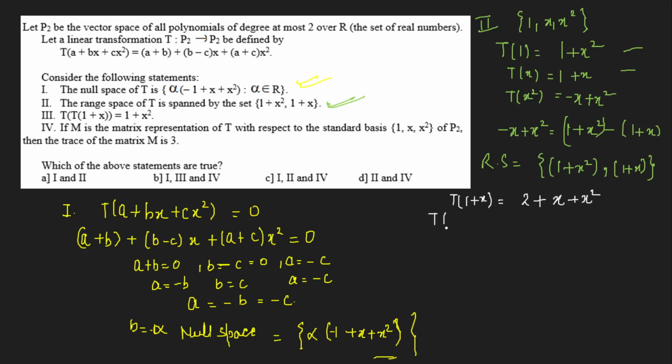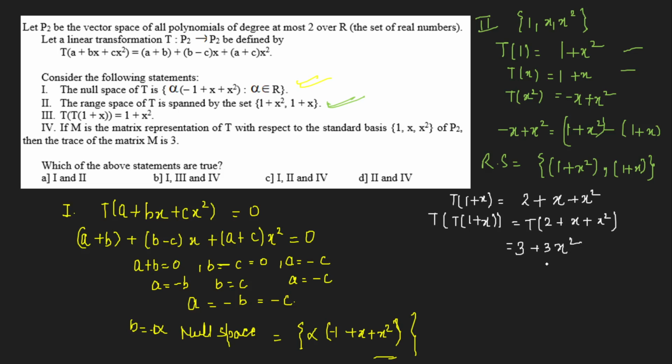Now T of (1 + x) means I have to apply T again over this polynomial, T(2 + x + x²). Here 2 + 1 gives 3, and B − C, that means 1 − 1, that would be 0, and then A + C. So what would we get from here? 3 + 3x².